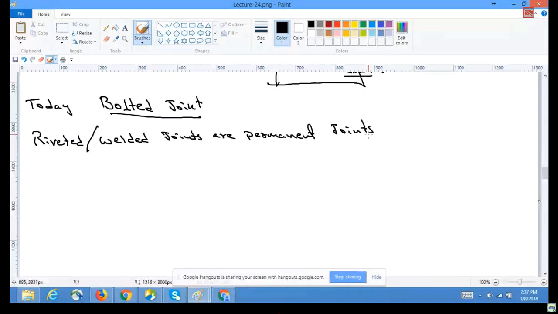Whereas for a bolted joint, to replace it, the bolts need to move the nut and the locking device, and then the nut you can remove at any point. Bolts are temporary joints, meaning they are not permanent joints.